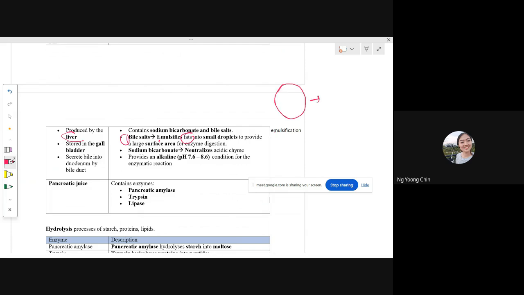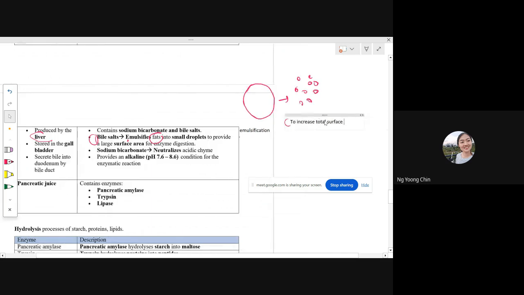After it undergoes emulsification, it breaks down into very small lipid droplets, like this. Why should the lipid droplet be broken down in this way? Because the purpose is to increase the total surface area for digestion by the lipase.